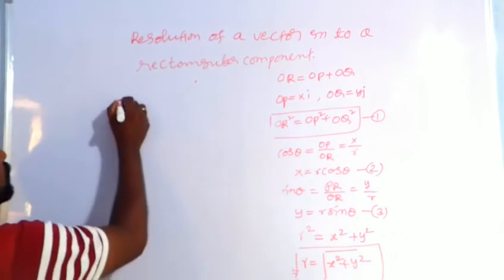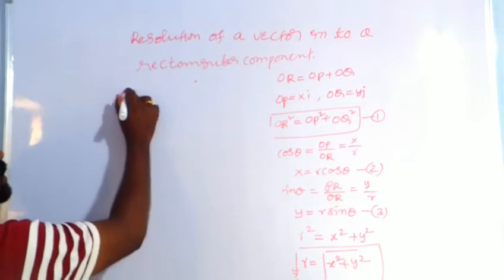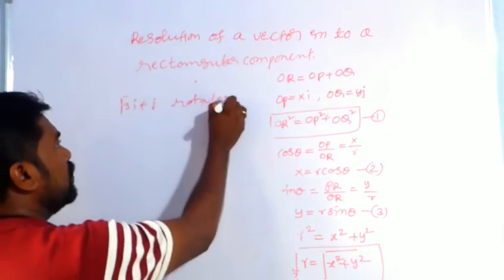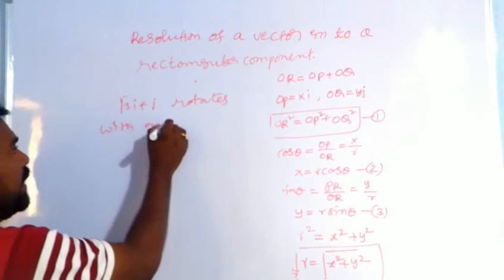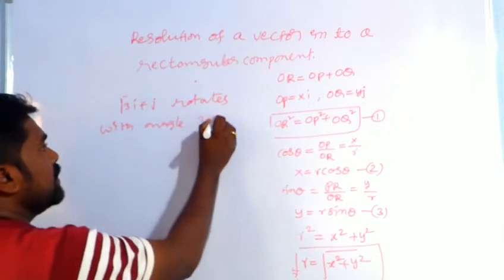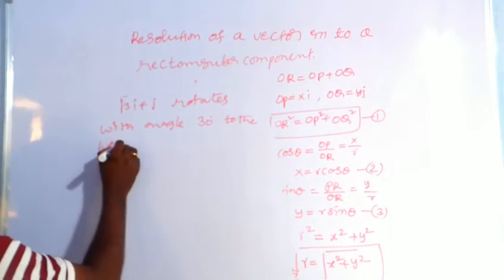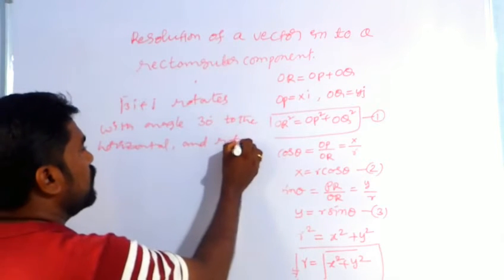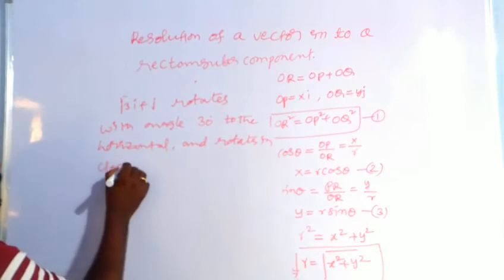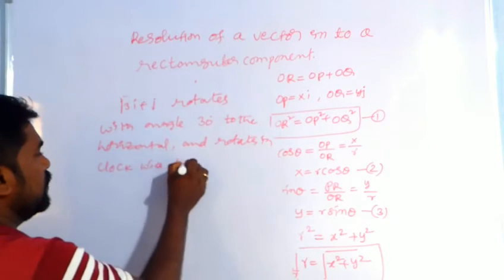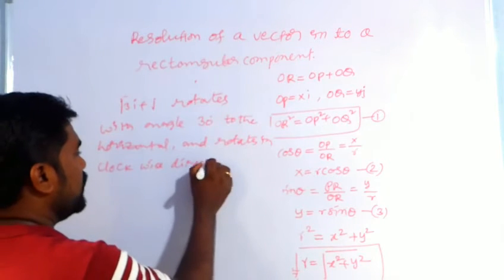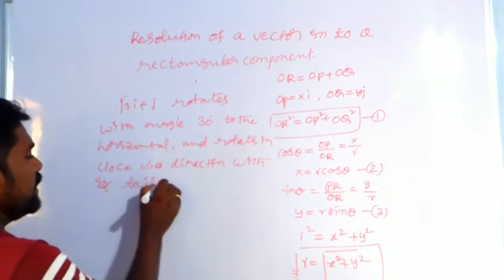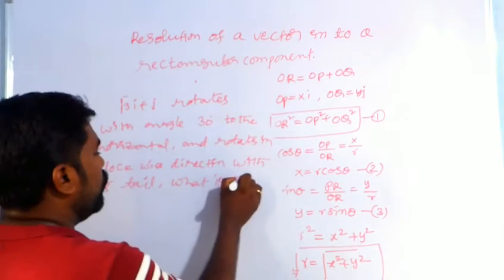Now, if a vector root 3i plus j rotates with an angle of 30 degrees to the horizontal and rotates in the clockwise direction with its tail, then what is the forming of the new vector?